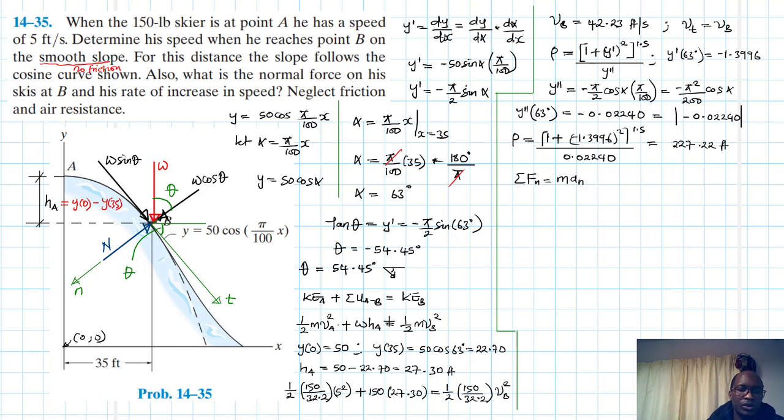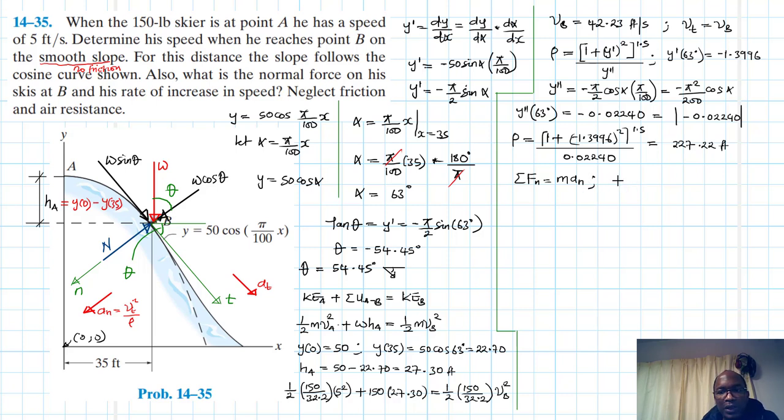We do have motion in this direction. This is our AT, this is our AN, and our AN is just equal to VT squared divided by rho, rho being the radius of curvature.